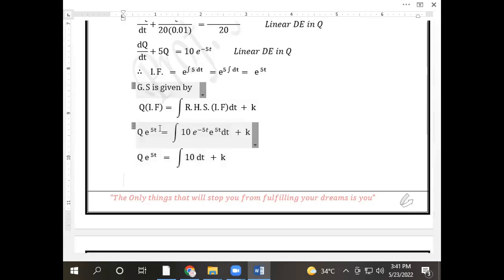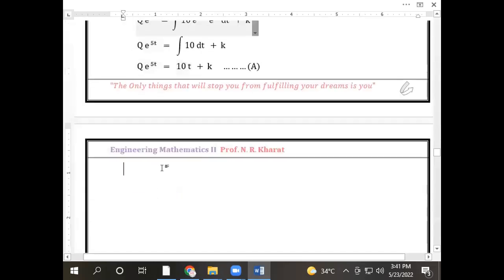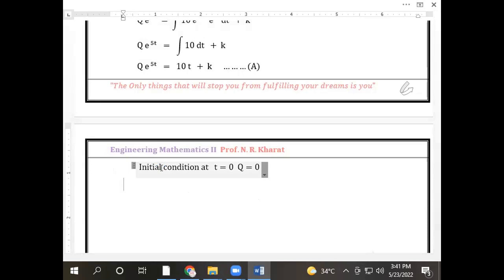10 is a constant, so we take it outside the integration. So we get q e raised to 5t is equal to 10 times the integration of dt, which is t, plus k. Initially the charge in the given circuit is 0, so we put t equal to 0 and at the same time q equal to 0 to find the constant of integration. So we get k equal to 0.